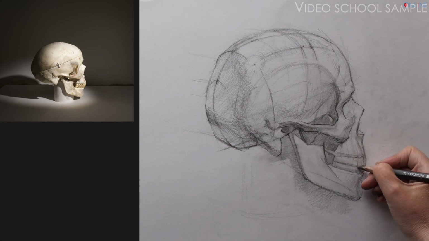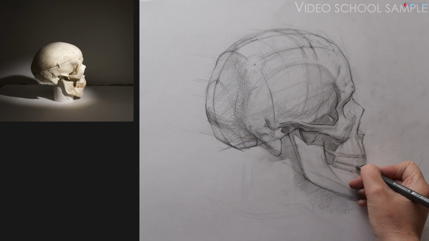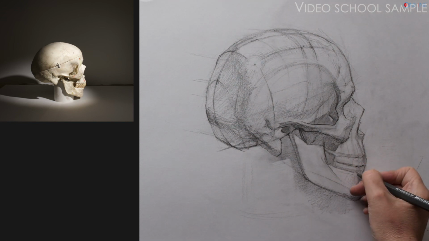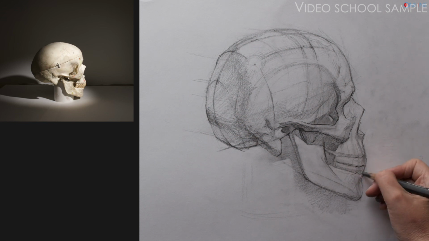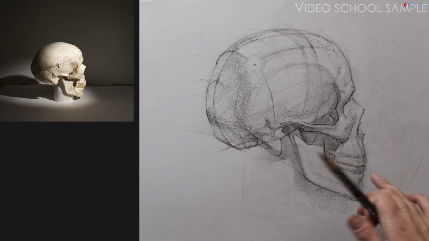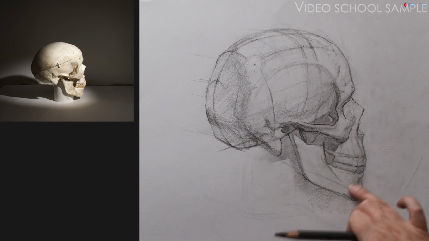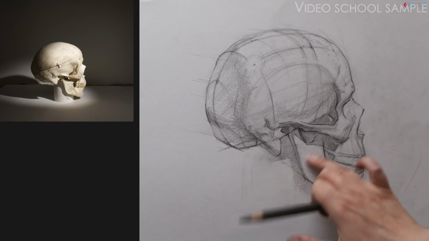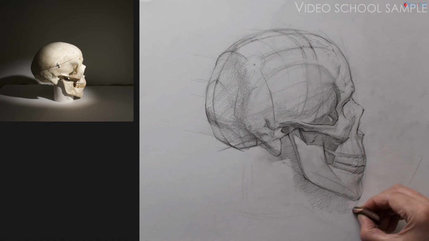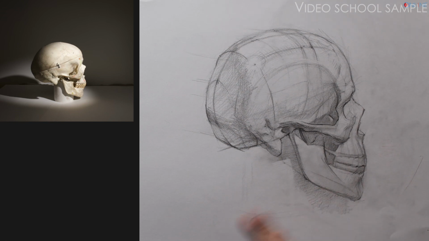For example, here, as already mentioned, the teeth will come out. Middle line will be more obvious. We could make an accent here. As said before, I am not making each single tooth, I am just showing big planes. Teeth will go in the light and in the shadow. Making the corner of the chin more obvious.